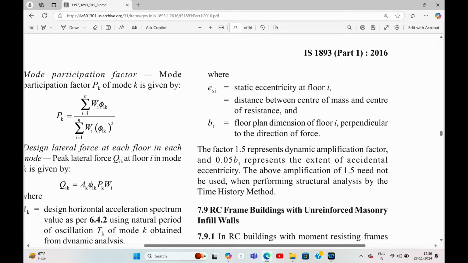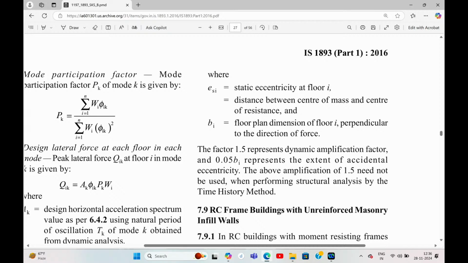Yes, sir. Okay. Now in the equation we have written 1.5. So 1.5 represents dynamic amplification factor, which is taken to account for the increased stresses and strains that occur when a load is applied suddenly to a vibrating system. Okay. For this we have taken this 1.5 amplification factor, and 0.05 BI represents the extent of accidental eccentricity, right?